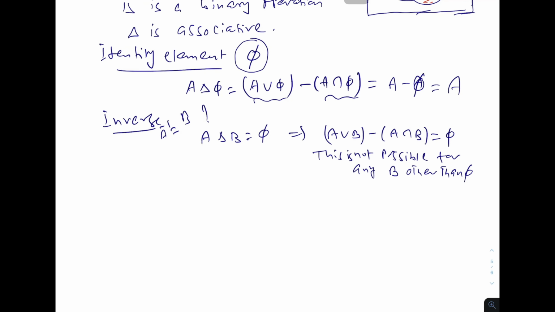So we remove that part. Let us see. A delta B equal to phi implies A union B minus A intersection B equal to phi. So for which B is this possible?